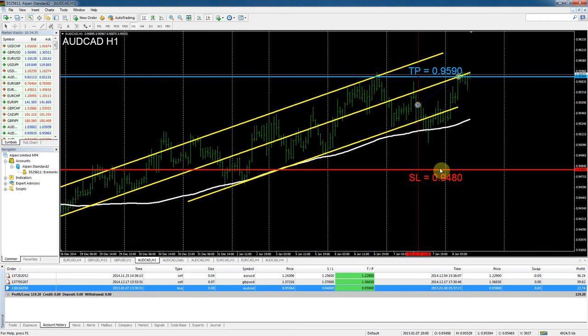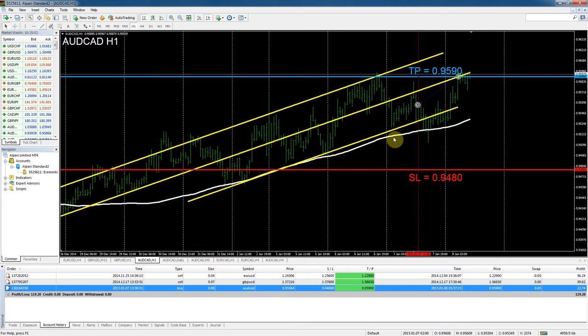Another interesting thing about the stop loss, which I didn't mention yesterday, is that it was also protected by the moving average. So not only the channel border and the 0.95 psychological resistance level were protecting the stop loss, but also the moving average.